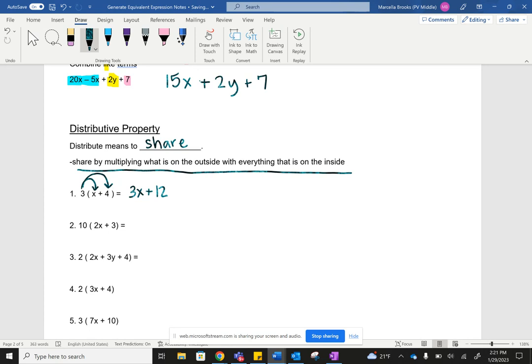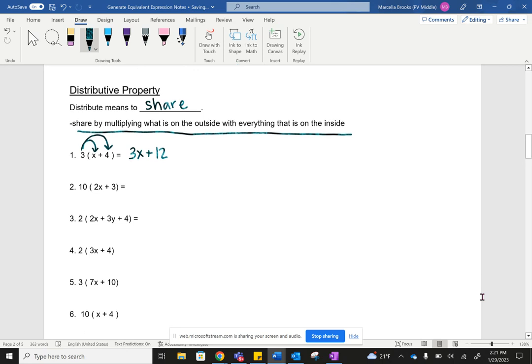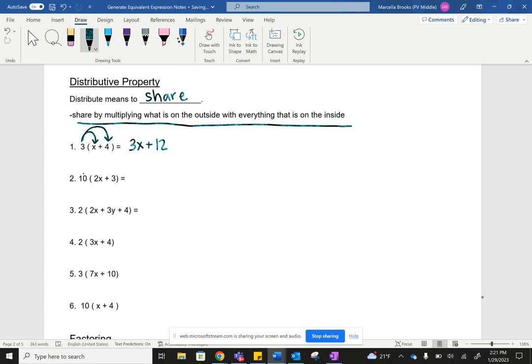So we have just created an equivalent expression by distributing a number. So the next one, we have 10 on the outside. We're going to share it with what's on the inside. So 10 times 2x is 20x. 10 times 3 is 30. And then you just put the plus sign in between.